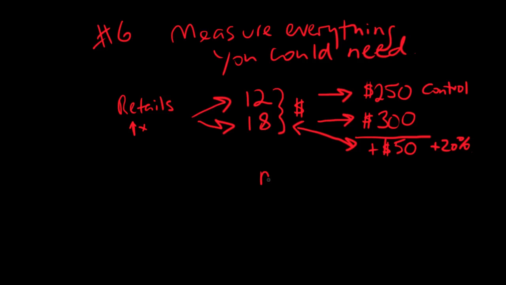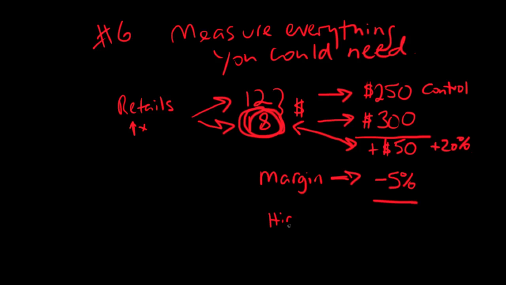But then what the retailer did was looked at the margin of this experimental group, and it actually found that the gross margin now had fallen by 5% per customer. And what they found, by looking at the other data that they were measuring, was for some reason these customers were now purchasing the highly discounted products at a higher rate.